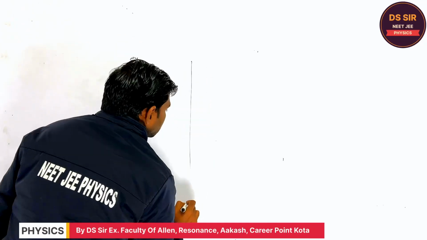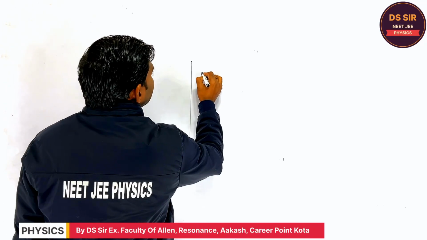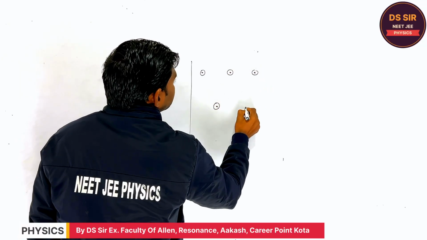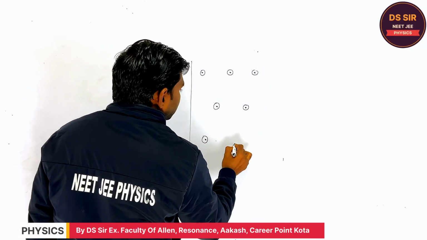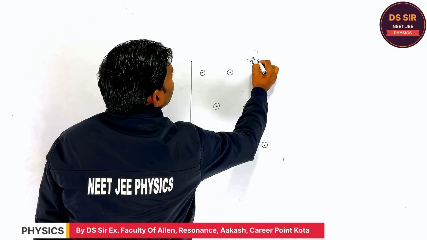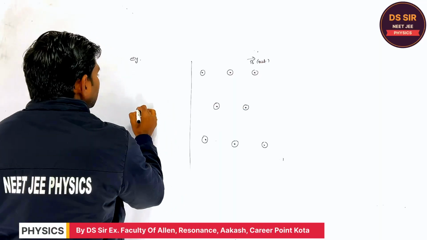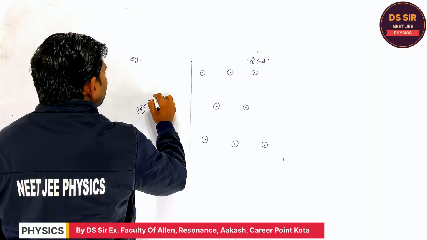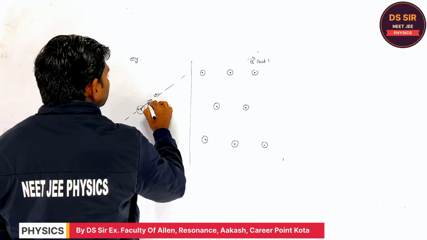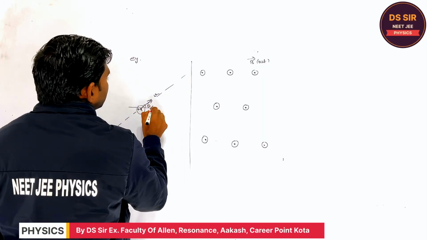For example, suppose this time the magnetic field is out of the board, like this, like this, like this. B is out of the board and a charged particle is plus q. It is moving, right, with the velocity v like this, making angle theta.